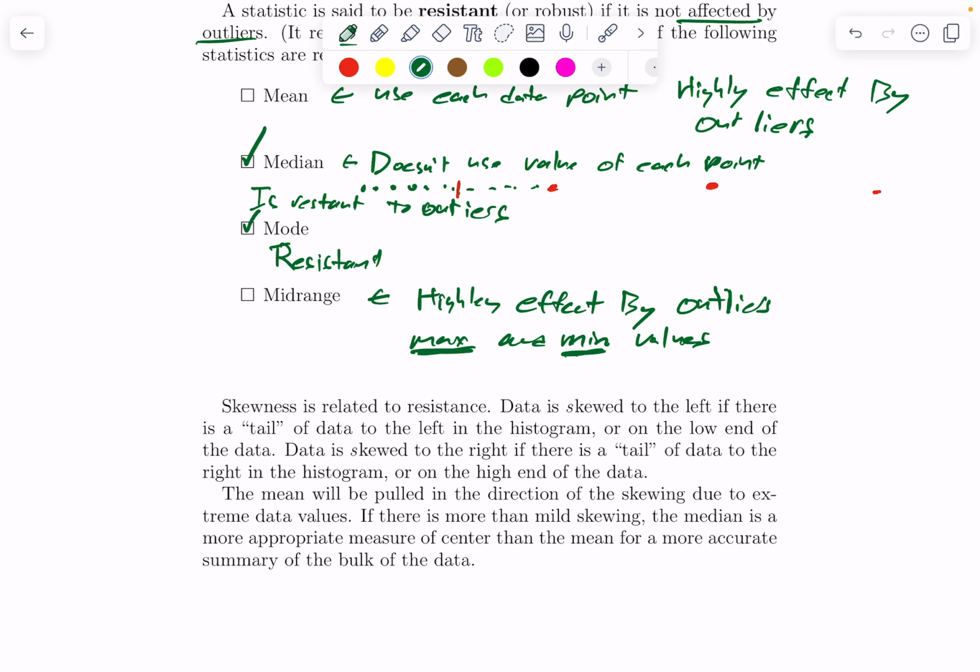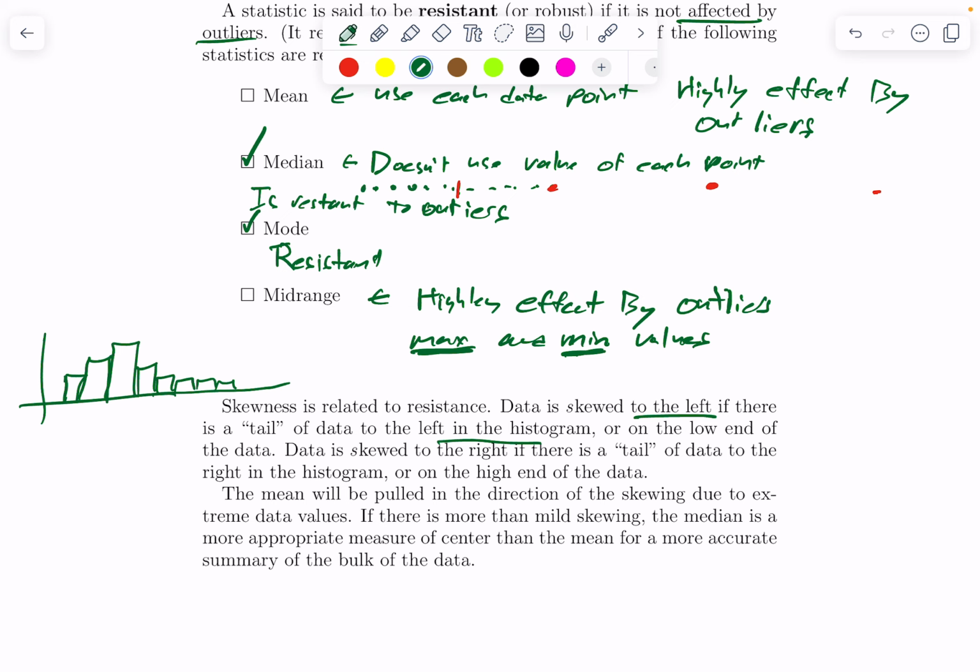Skewness. Skewness is related to resistance. So data is skewed to the left or to the right if there's a tail of the data to the left. Okay, so it's skewed to the left if there's a tail on the data to the left of the histogram. So you think about the histogram, something like this. And if there is a tail, something like that, this is skewed to the right.